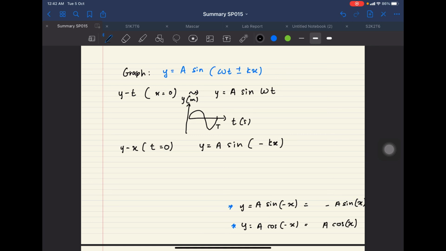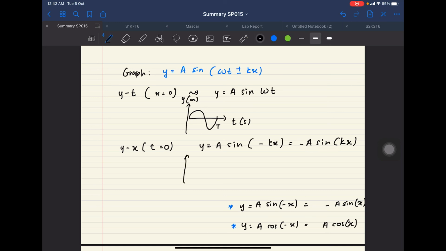So with sine, you can bring the negative outside. This one becomes negative a sine kx. Why do you need to bring it outside? Because this is not something that you can draw. But if you rearrange, it becomes like this. So this one is just a negative sine graph.